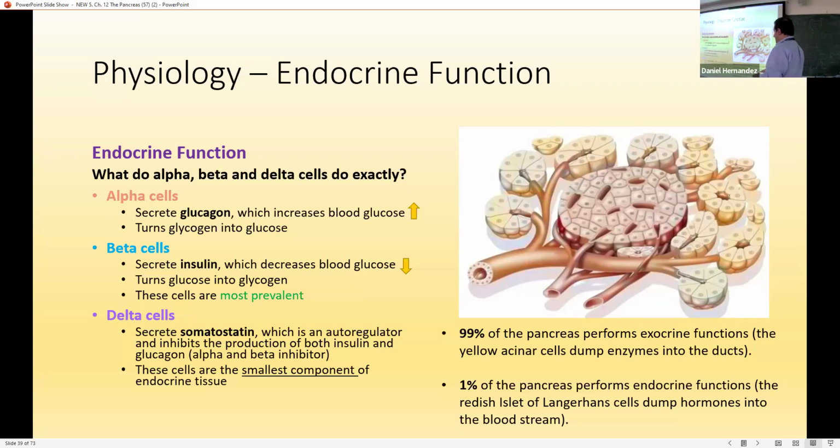These cells are the smallest components of the endocrine tissue. So think of this delta cell as kind of like controlling these guys now. They're a smaller overall portion of the whole system, but they are responsible as autoregulators of inhibiting the production of both insulin and glucagon.